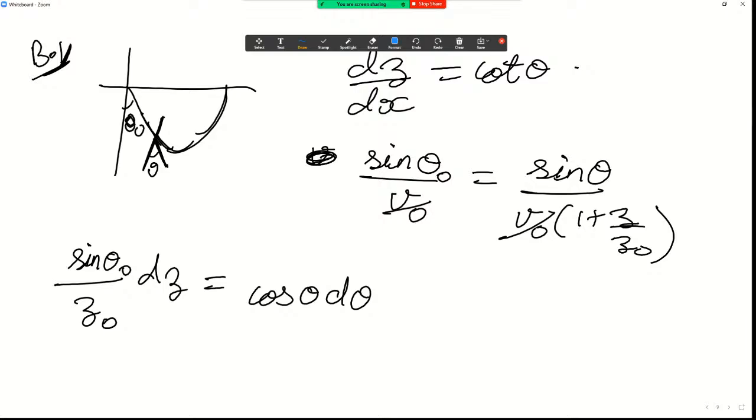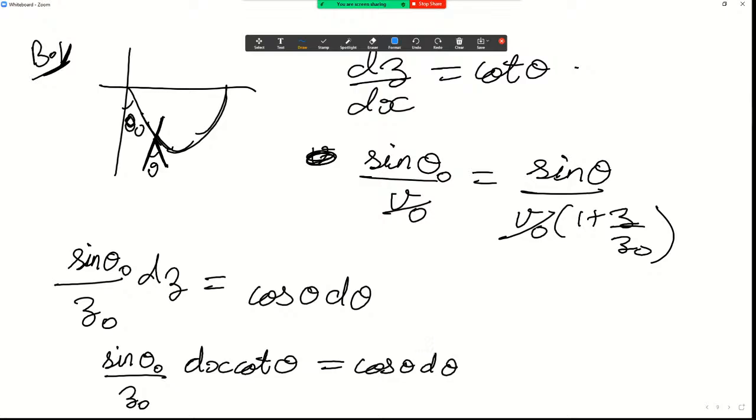Then I plug in the value of dz, so that is dx cot theta. So we have sine theta naught by z naught into dx cot theta, and dx is the horizontal coordinate.